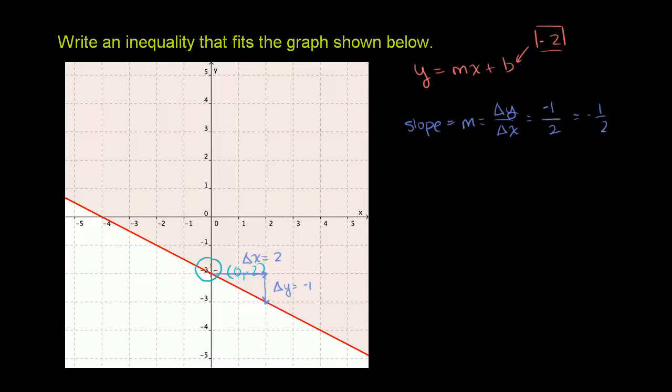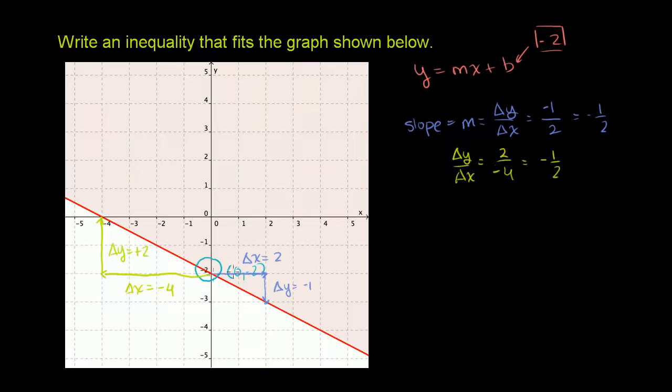And just to reinforce that you could have done this anywhere, you could have said, what happens if I go back 4 in x? If delta x is equal to -4, then delta y is equal to +2. And once again, delta y over delta x would be +2 over -4, which is also -1/2.